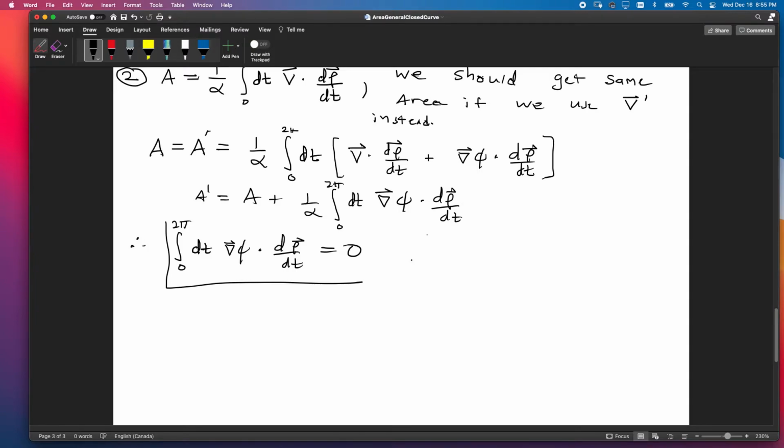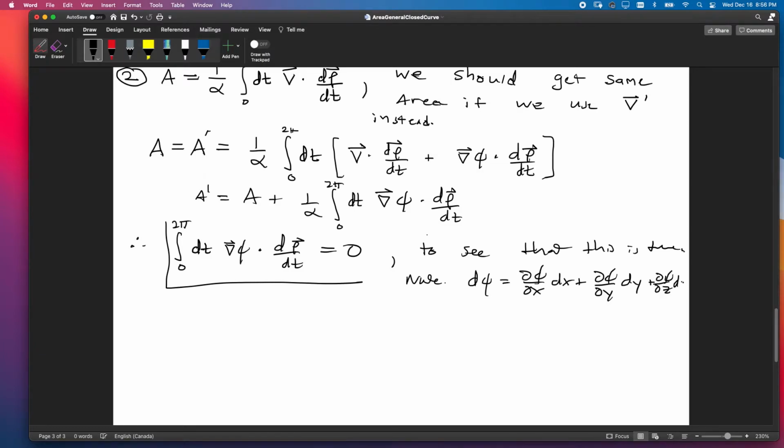So to see that this is true, note that phi is a function of x, y, and z, so d phi will be d phi over dx times dx plus d phi over dy times dy plus d phi over dz times dz.